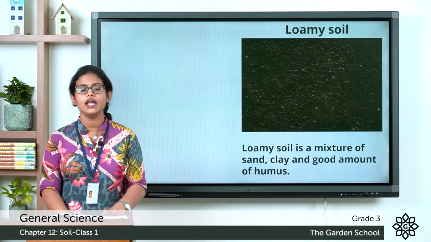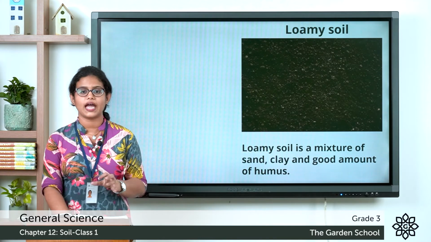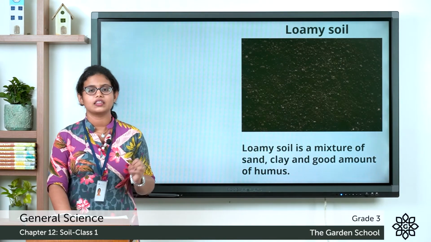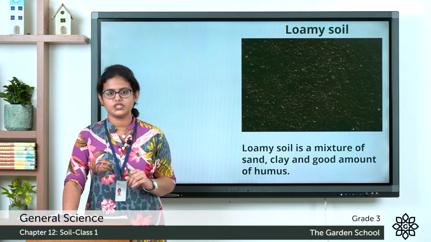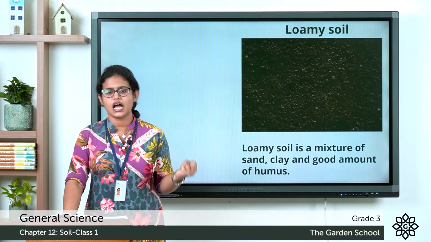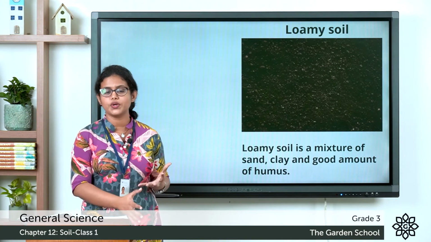So these are the 3 different types of soil based on characteristics. Which are they? The sandy soil, the clayey soil and the loamy soil. Sandy soil contains a higher proportion of sand and it has large space between them.